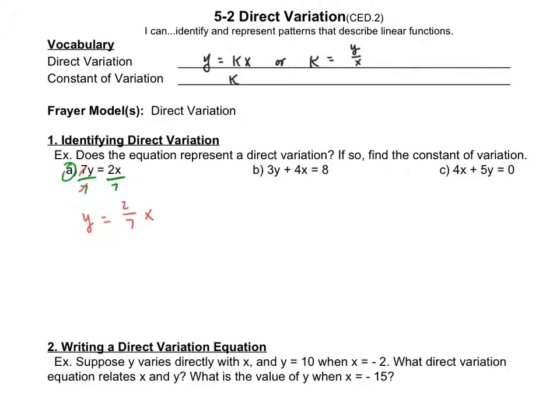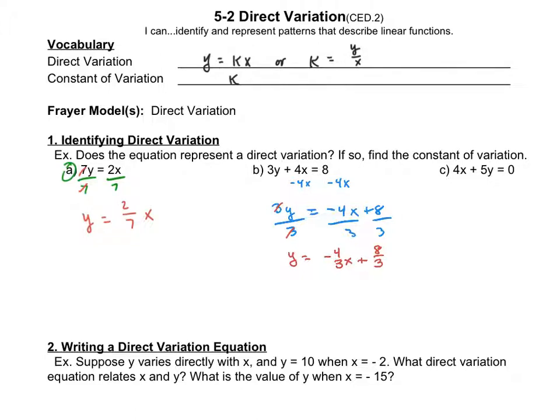Let's see our next example. In order to get y by itself, I subtract my x and move my x term over to the other side. That gives me 3y equals negative 4x plus 8. I must divide everything by 3, and then I have y equals negative 4/3 x plus 8/3.